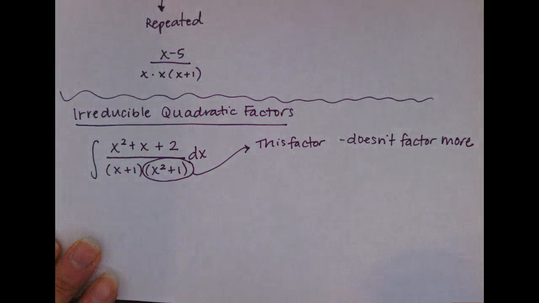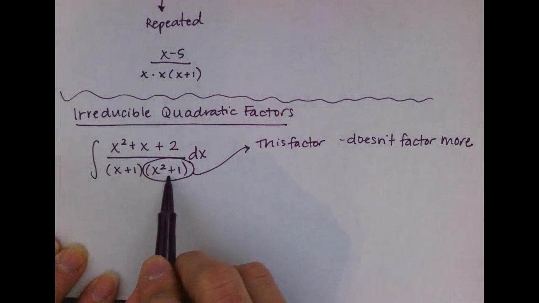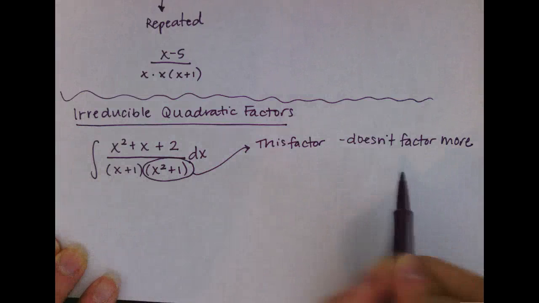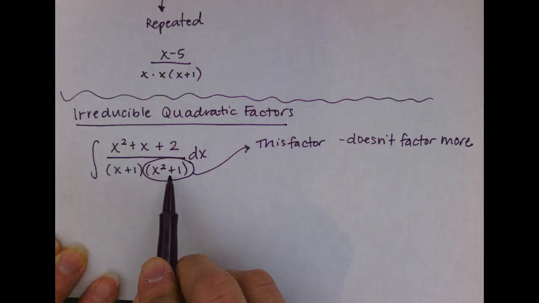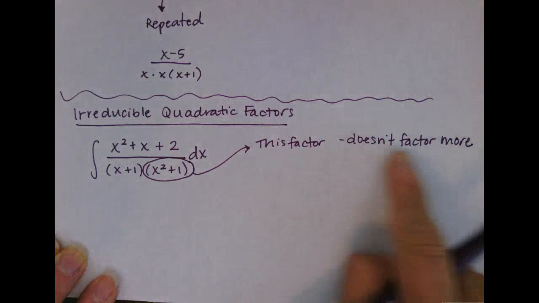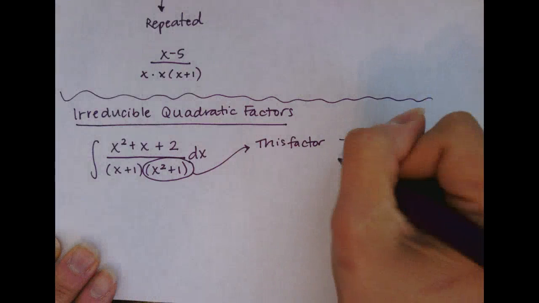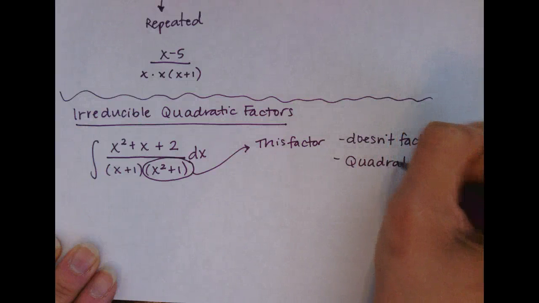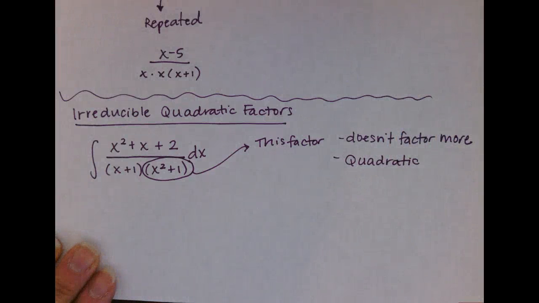And I say that because sometimes you might have x squared minus 1, which you could factor into (x + 1)(x - 1). So if it's a difference of two squares, then it factors more. If it's a sum, then it doesn't. So this particular one does not factor more. It is quadratic within itself. So that qualifies it as an irreducible quadratic factor.